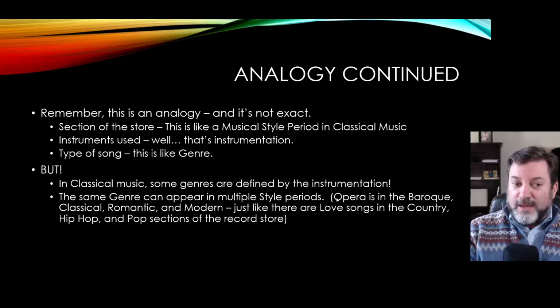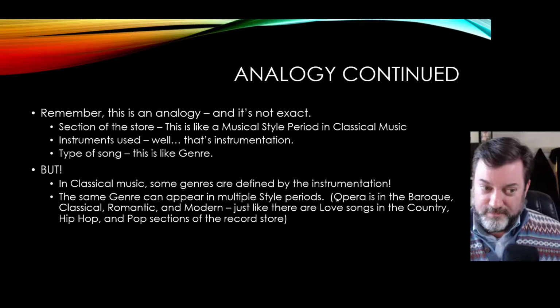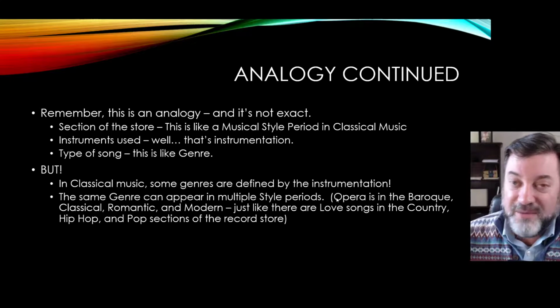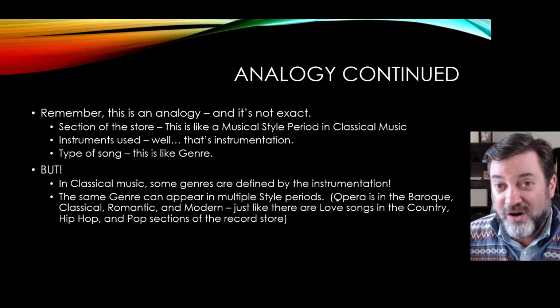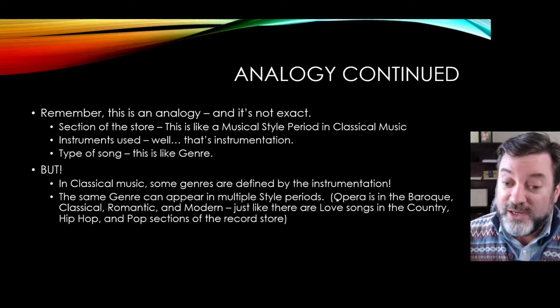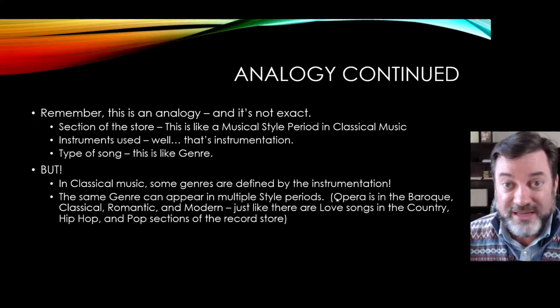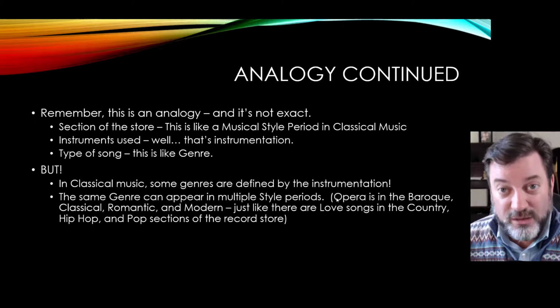So, the type of song is kind of like a genre. But you have to remember that in classical music, sometimes genres are defined by the instrumentation. For example, a string quartet is a genre of classical music, and it is defined by its instrumentation. It has two violins, a viola, and a cello.